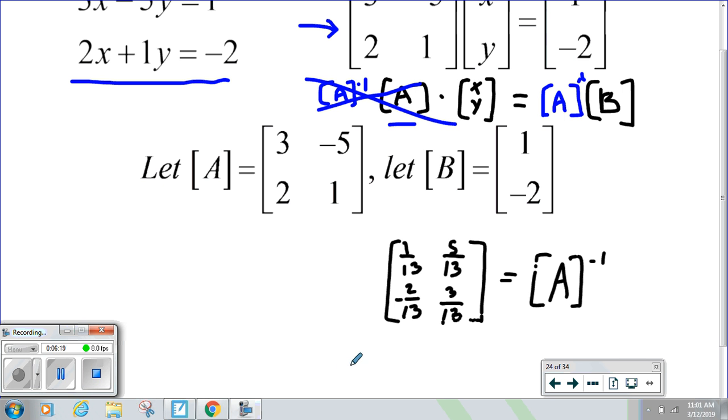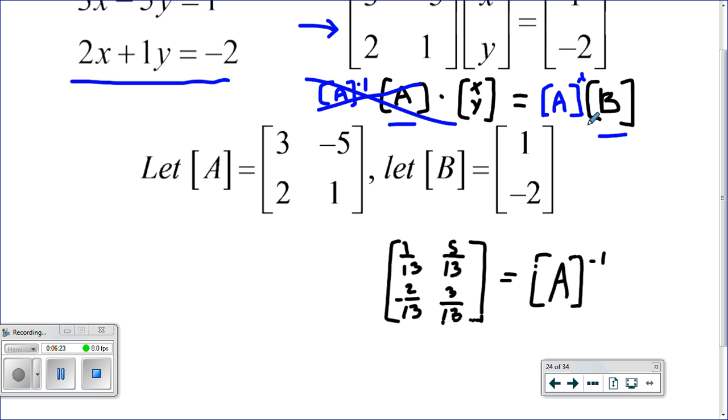So remember, what do we want to do? We want to multiply matrix B by the inverse of matrix A, which is what we just found. So I want to multiply this matrix B right here by the inverse that we found. And again, order does matter, so I'm going to rewrite that over here. So I need to multiply inverse matrix A, it's my 2 by 2. It's going to look a little messy, sorry about that.